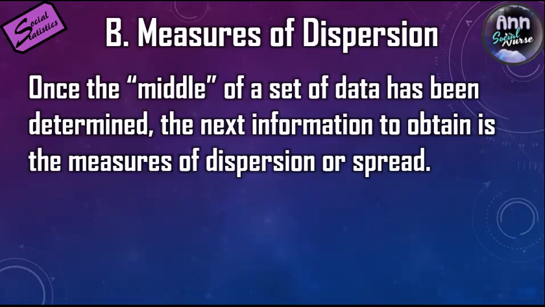How far are the values from each other? Previously, we asked what is the tendency for the values to be at the center. So now, how far is each value spread from each other?